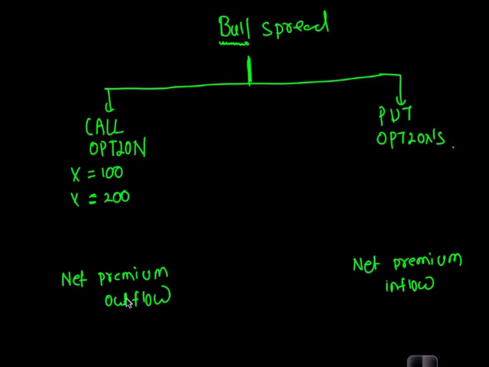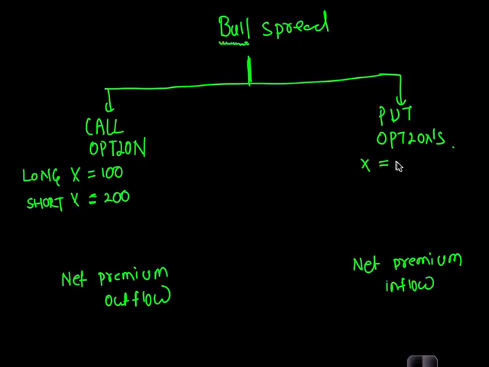So since we want to have a net premium outflow, the way you think of this, that we will buy the one which is more expensive, we will sell the one which is less expensive, and this would create a bull spread for us. Okay, so this flowchart we are building just to help you memorize what position to take in which type of option to build the spread.